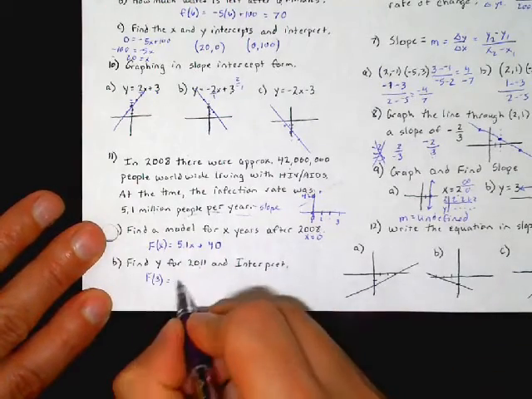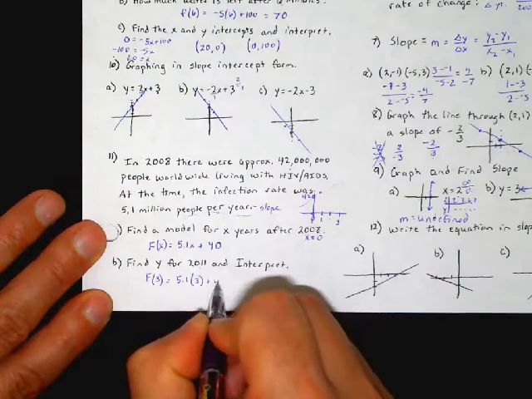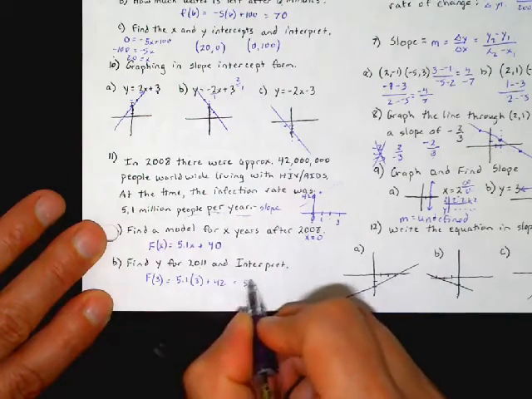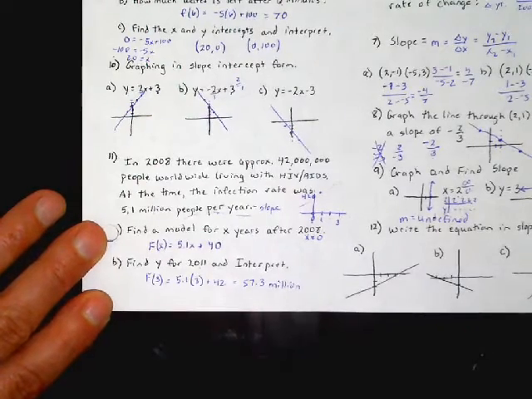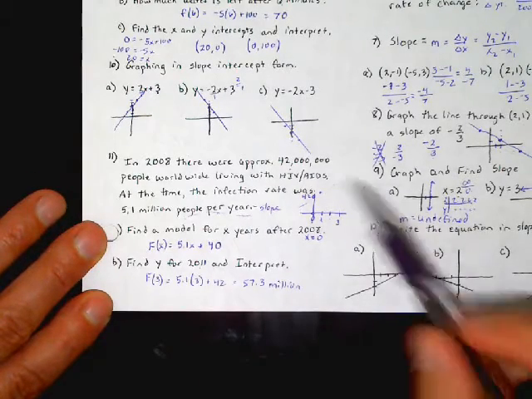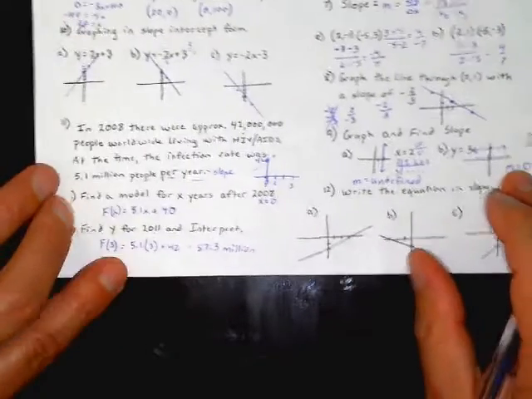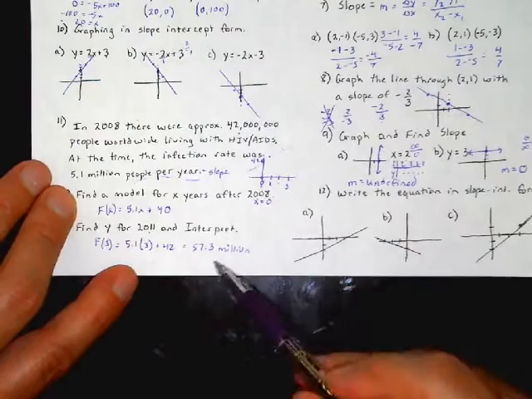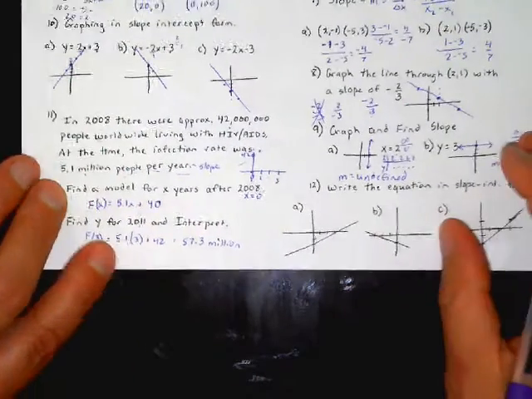Okay. So it would be 5.1 times 3 plus 42 gives you 57.3 million people worldwide that would be infected. Hopefully that rate's been coming down. I should check that out and let you know, or you can check it out. It'd be nice if the rate of infection is not 5 million people anymore.